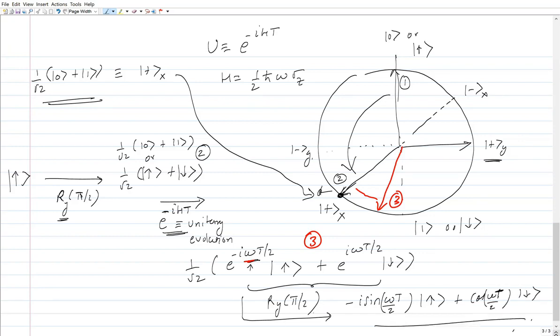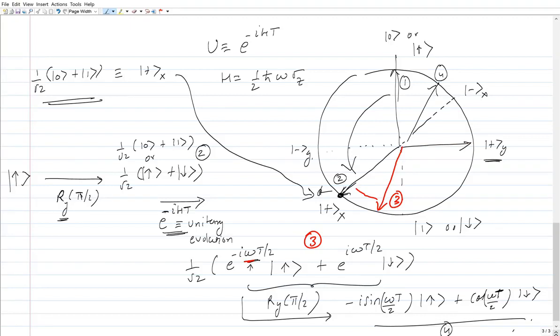This was step 4, where I'm again flipping it back up. From the equatorial plane, this state again lands somewhere here. This is my 4th stage.